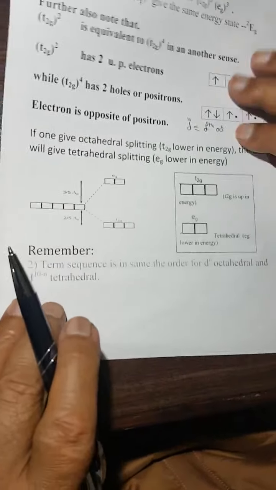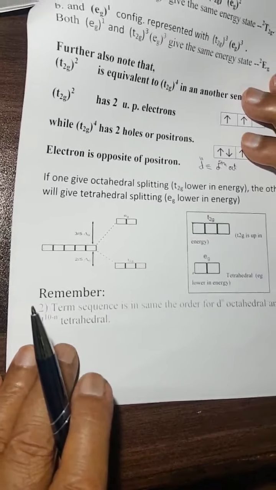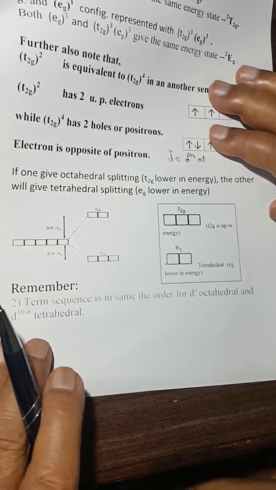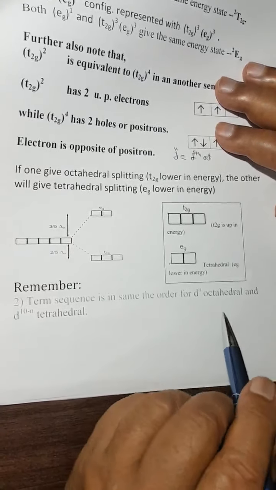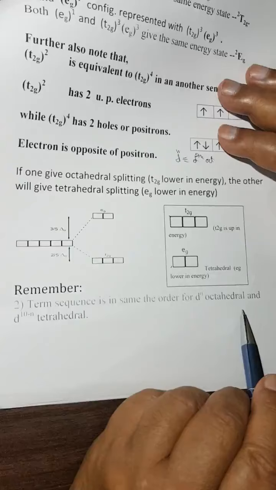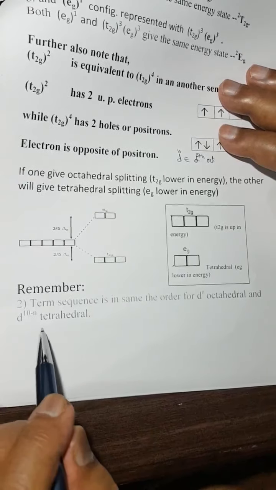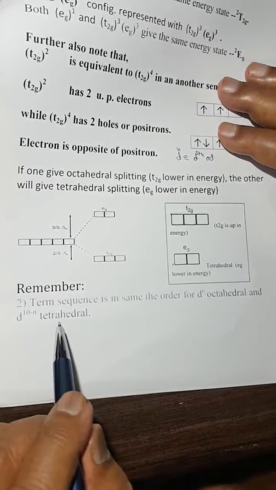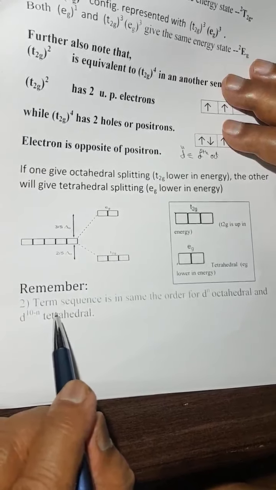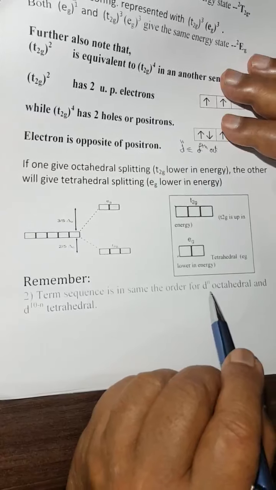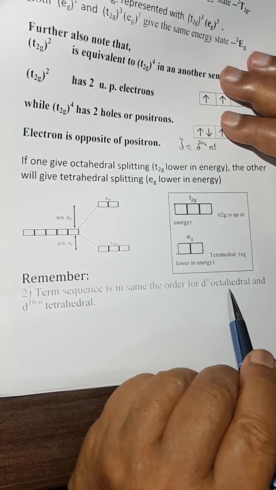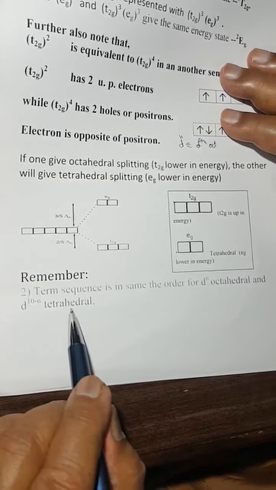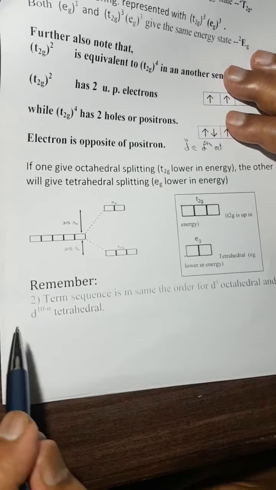So remember, I have put it here, term sequence is in the same order for Dn octahedral and D10 minus n tetrahedral. That would mean that the D1 octahedral and D9 tetrahedral diagrams are going to be the same.